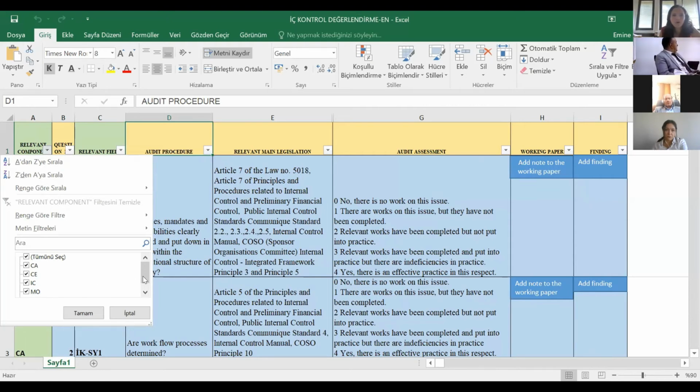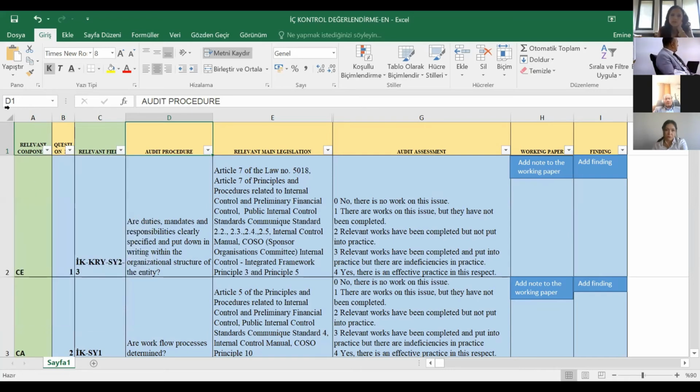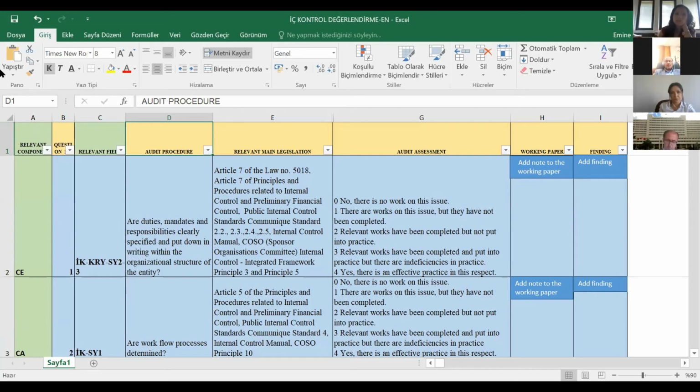MO for monitoring, and RA for risk assessment. So I would like to remind you that we have 4 focuses in this assessment. One is the overall assessment, and the component evaluation. That's why we have the relevant components, because we are doing the component evaluation.